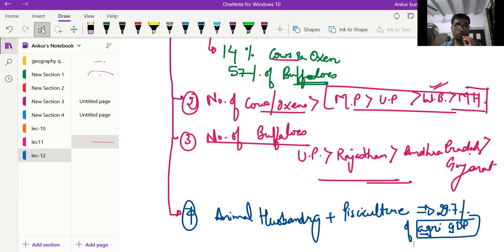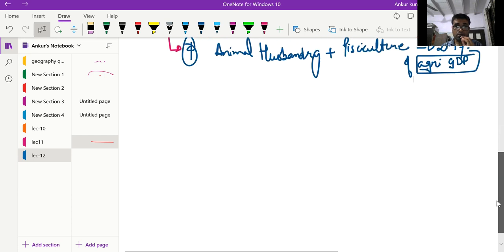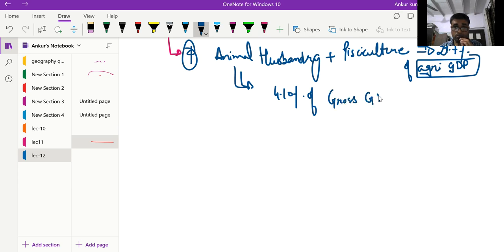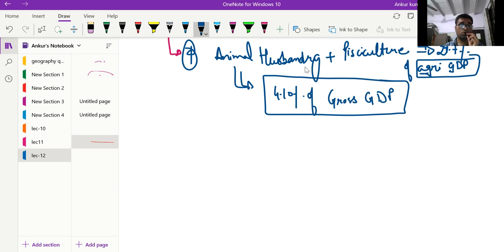And in the entire GDP of the country, let us say gross GDP, it is 4.10%. So this is the contribution of animal husbandry and pisciculture.